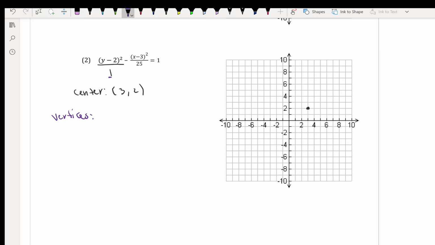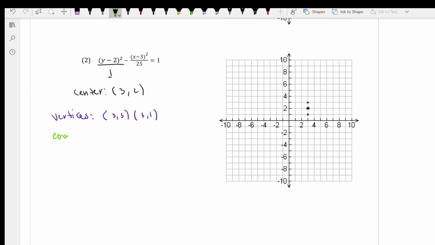I had to remember what direction I'm going here. It's the y here, so I'm going to be going up 1. So then that vertex is going to be 3, 3. If I go down 1, that's going to be 3, 1.